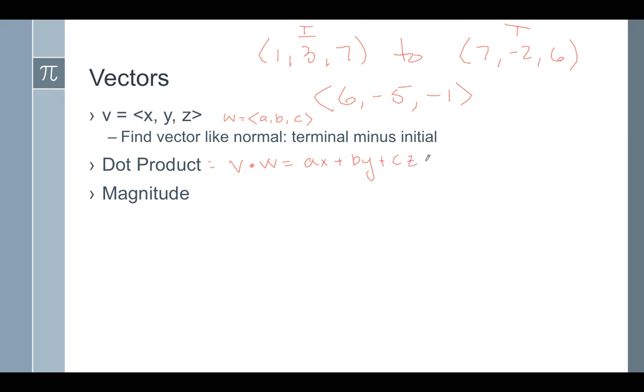So I'm multiplying the three components together and then adding them together to get a constant, a single number. The magnitude of v, you have to remember those straight bars, not absolute value technically, magnitude is equal to the square root of the x coordinate squared plus the y coordinate squared plus the z coordinate squared. Nice and simple.